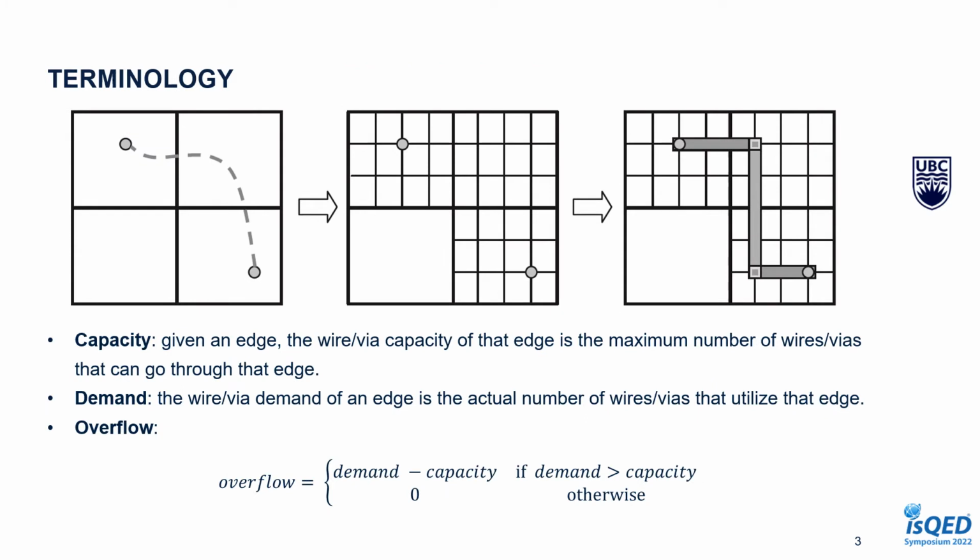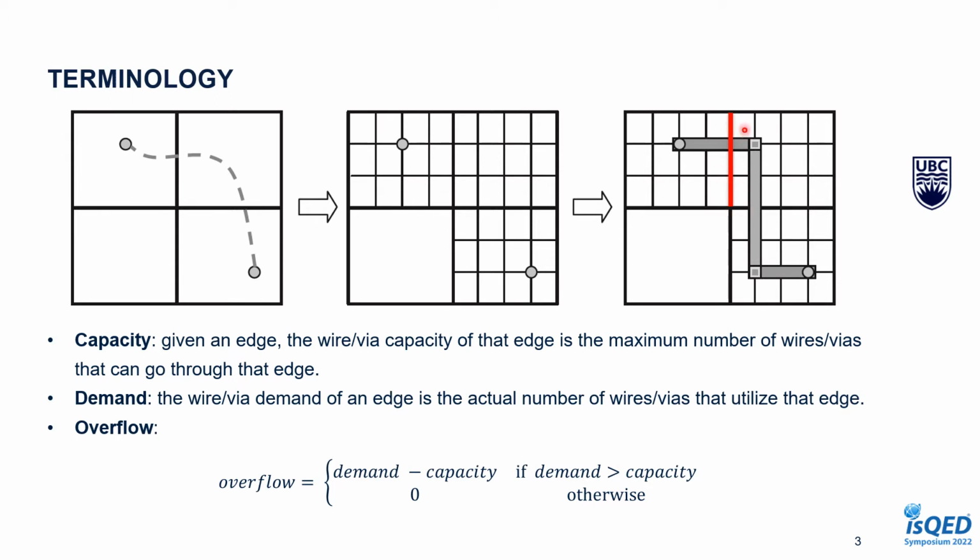And there are some terminologies that need to be explained. The first, capacity. Given an edge, for example, this edge, the capacity of that edge is the maximum number of wires or vias that can go through that edge. And we have demand, which is the actual number of wires or vias that utilize an edge.